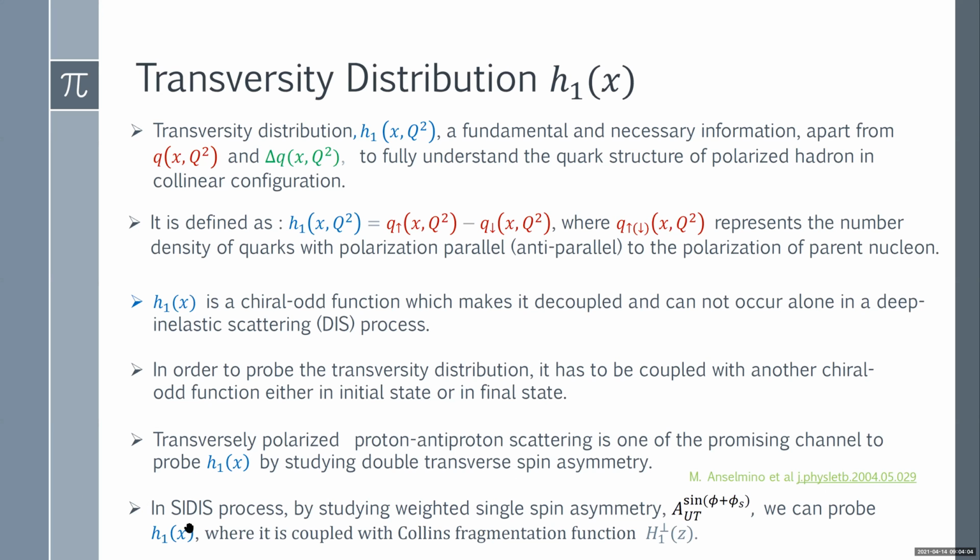This h1 can also be studied in the SIDIS process, as we have already seen in the previous talks. By studying the weighted single spin asymmetry, we can probe this h1, and here h1 is coupled with the Collins fragmentation function.